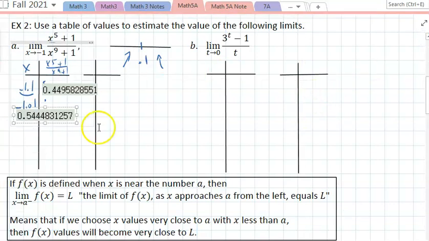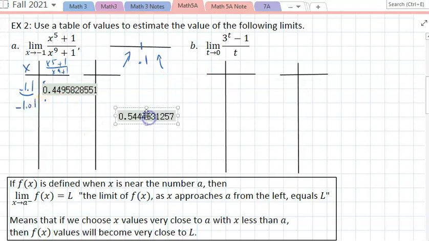You need few values to really see whether they're leveling off next to each other or not.